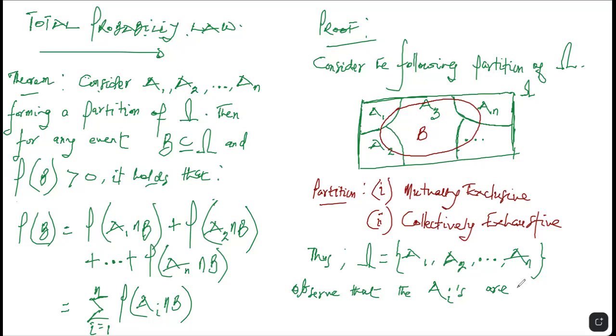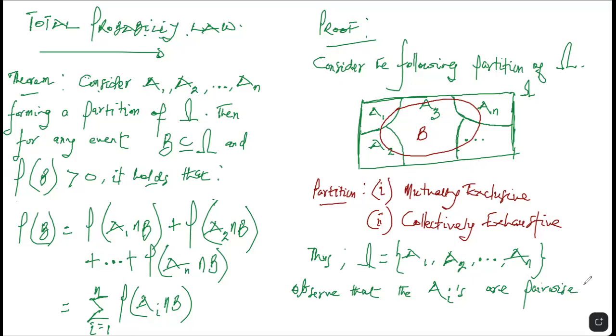They are pairwise mutually exclusive, meaning that if you take any two in turns, or you could also say that they are pairwise disjoint. All right.